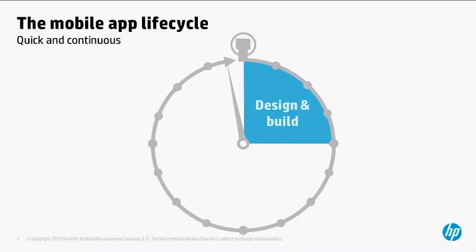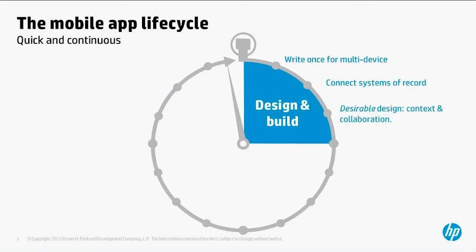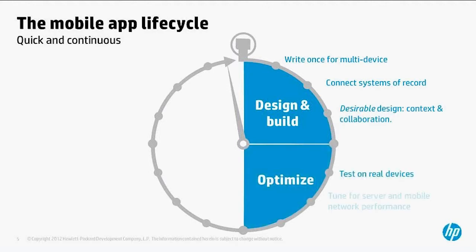So just to provide a quick overview of the lifecycle, we all know that we typically start off in the area of designing and building an application. Nothing really new here, but again, we need to really focus on a great design for great customer experience. And next, we need to make sure we're focusing on performance. We need to make sure that it functions properly, so we have high quality, but we also need to make sure that we've got great performance.